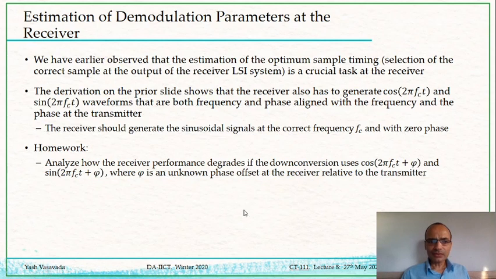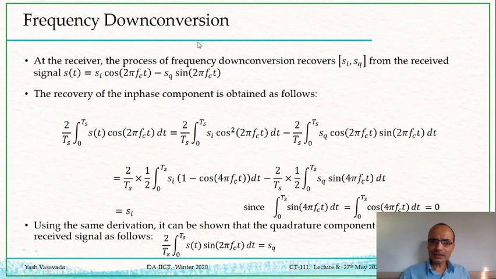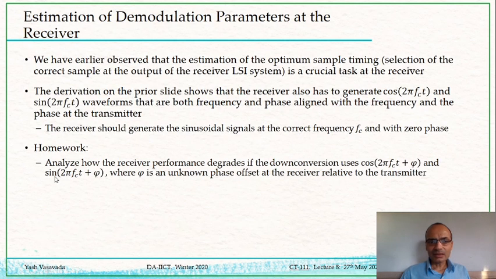So I will give you this homework, where I will ask you to do this derivation here, but instead of assuming that the receiver has the exact cosine of 2 pi f_c t signal that the transmitter used, assume that at the receiver this down conversion process has a small phase offset that I have denoted here as phi.